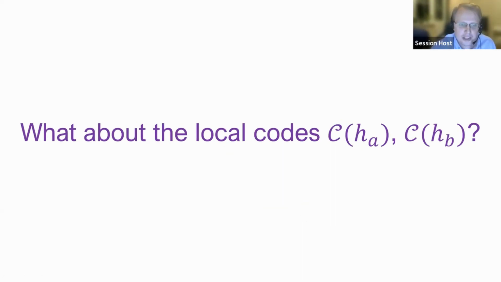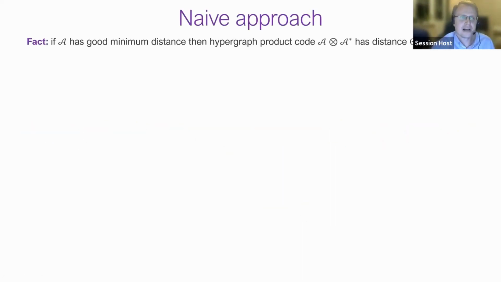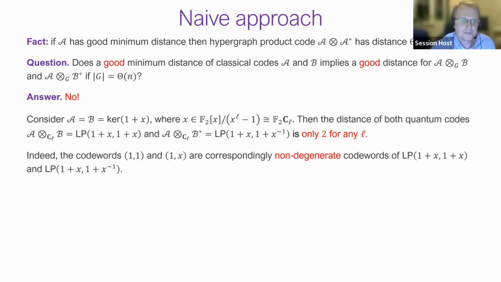But in order to finish our construction, we also need to say how to choose local codes. Unfortunately, the idea that was used in the hypergraph construction, where you can just choose a code with good minimum distance and apply this construction and obtain a code with some guaranteed distance, you cannot do this for lifted product and also for balanced product codes.